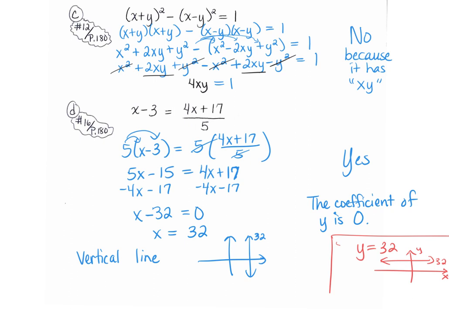If you have it in slope-intercept form, yes, that's a linear equation too. It's just a different format. So yes, and that's what we'll talk about in the next section. We'll go through slopes in slope-intercept form. We'll do all of that. So yes, absolutely. What other questions do you have?